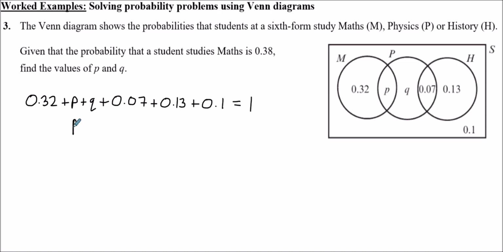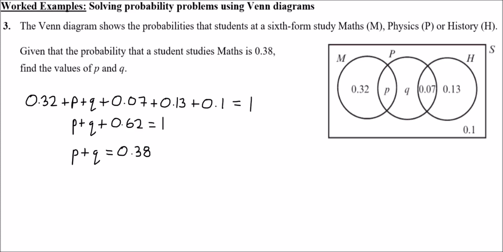And so P plus Q plus 0.62 equals 1. If we then subtract 0.62 from both sides, we see that P plus Q needs to add up to 1 minus 0.62, which is 0.38.